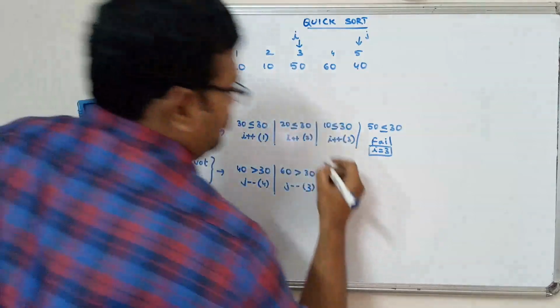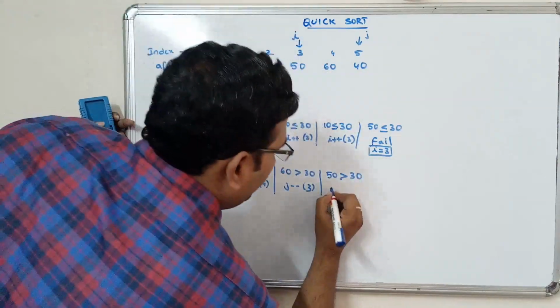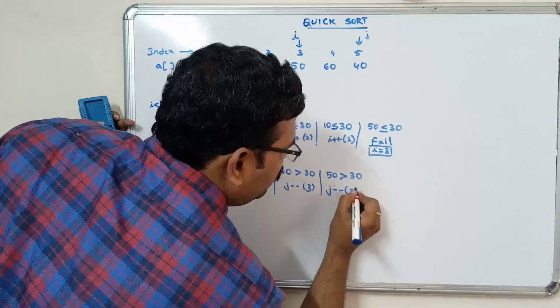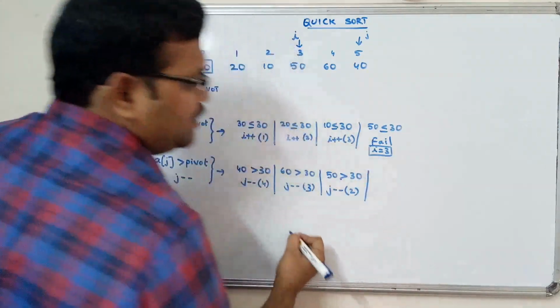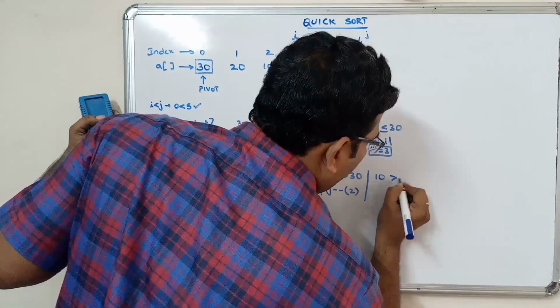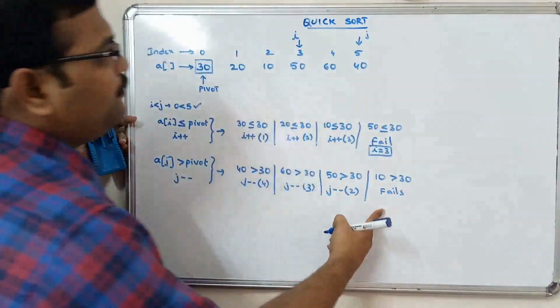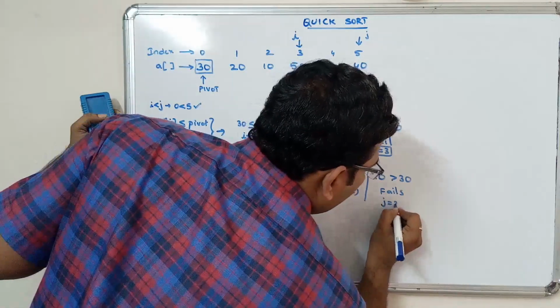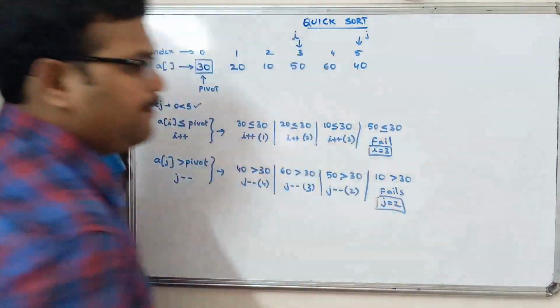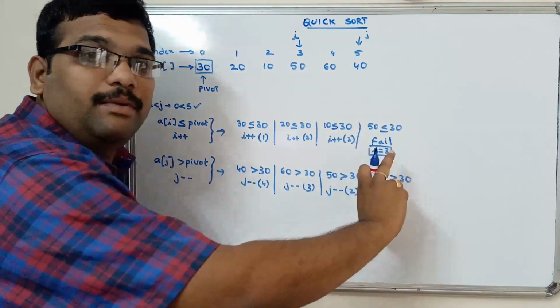Next, 50 greater than 30, again j minus minus, 2. Next, 10 greater than 30 fails. So where it fails, j is equal to 2, right? So at some element, both conditions fail.